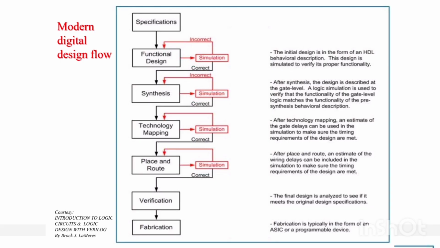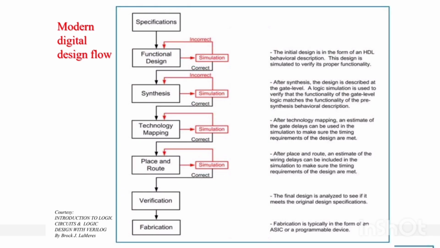If found correct, we move to the next step, that is technology mapping, and in the technology mapping we need to manipulate the gate level netlist. Once it's suited for the technology, simulation is also done to ensure the timing requirements are met properly, and if not, it is done once again. Otherwise, if it is correct, we move on to the place and route step, and here also simulation is done.